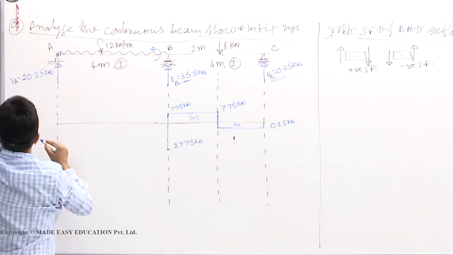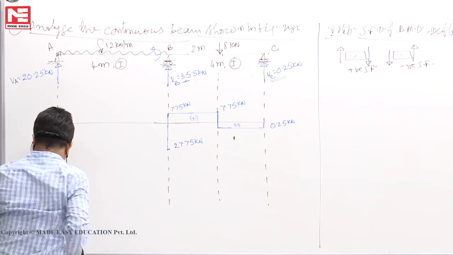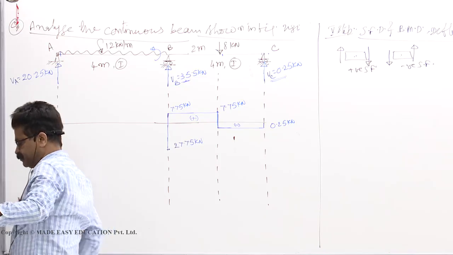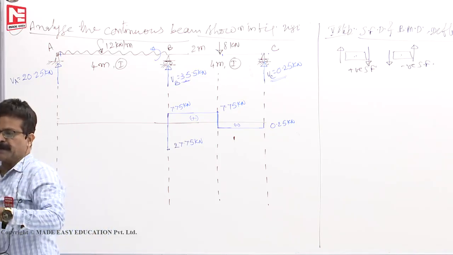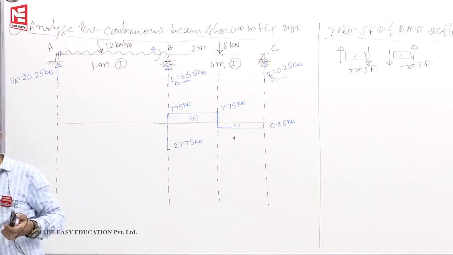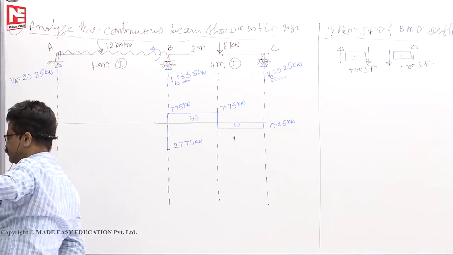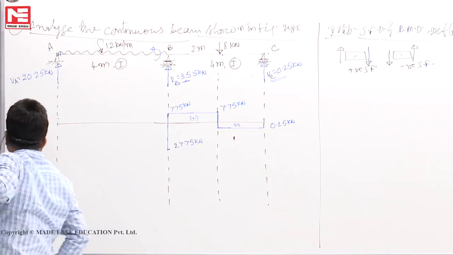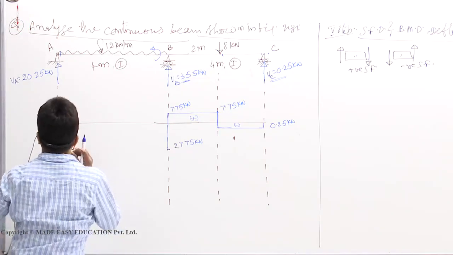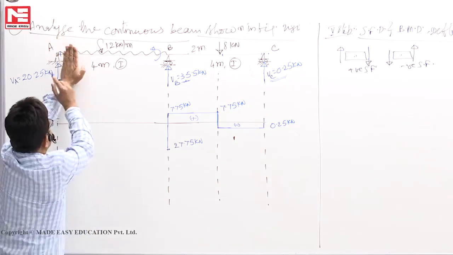So at the RHS of A, we stand and look left.